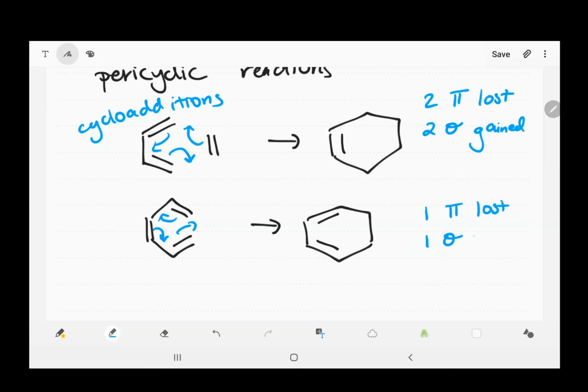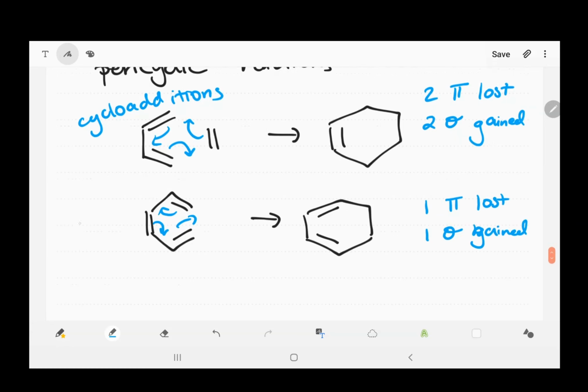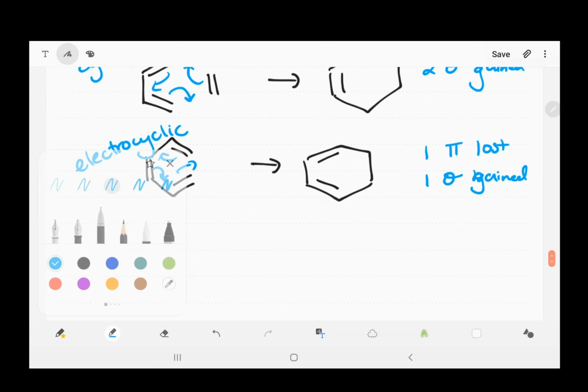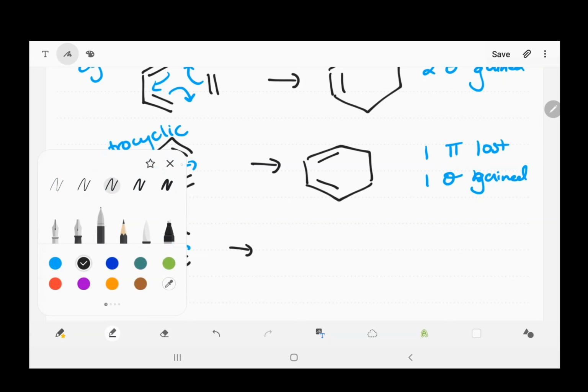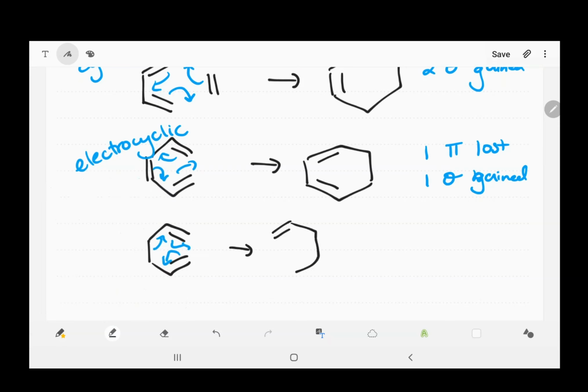We gain 1 sigma bond. These are called electrocyclic reactions, which we'll talk about second. We'll go in the order here. And the last one we have is a rearrangement type of reaction. We're going to see we just rearrange these things, and we end up with essentially the same molecule, but just now. Ooh, that's ugly.